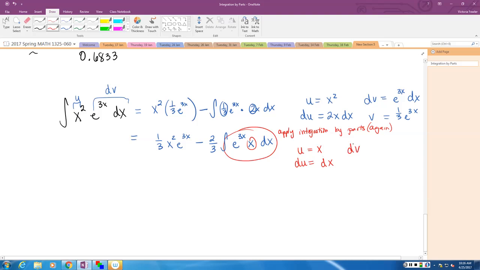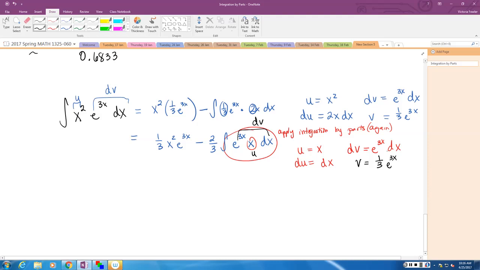My dv then is this e to the 3x dx. All right, I'm going back to this little part here. Got a couple eyebrows, so I have my dv and my u. Okay, what's my v? 1/3 e to the 3x.